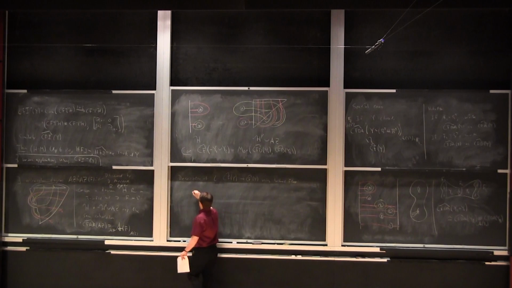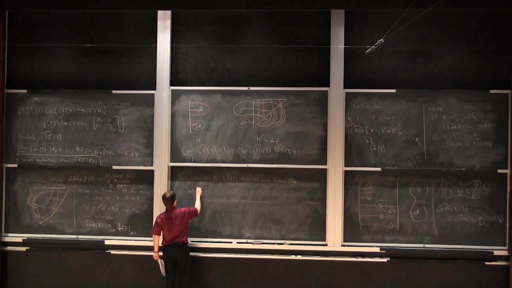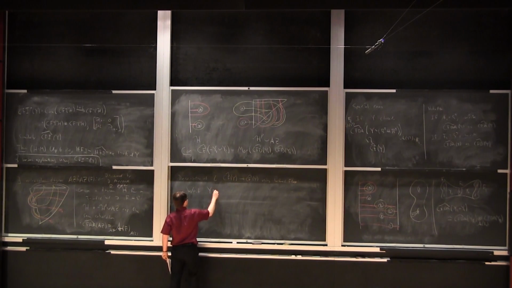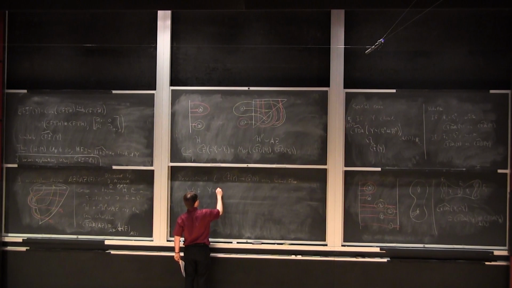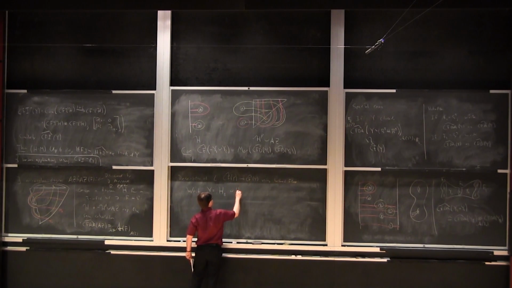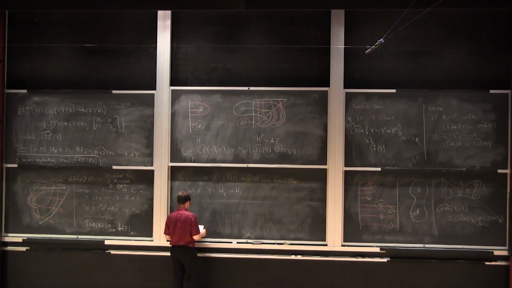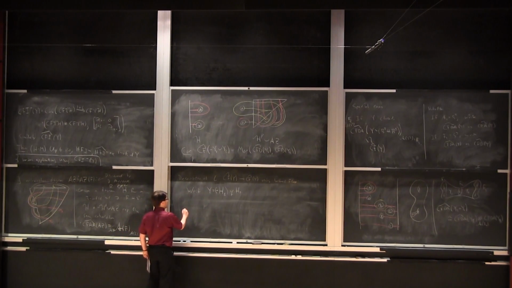Write y as a union of two handle bodies, h1 and minus h2, glued along the boundary, which is, say, F. So we have CF hat of y.